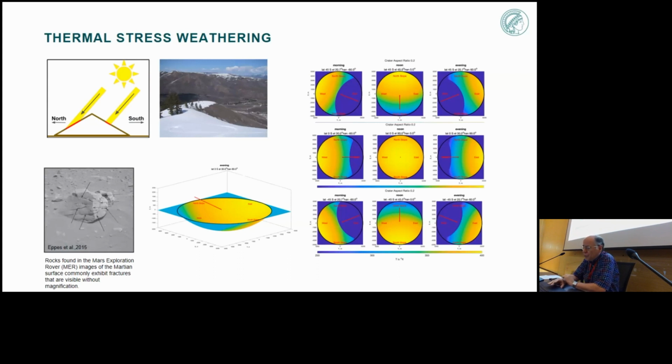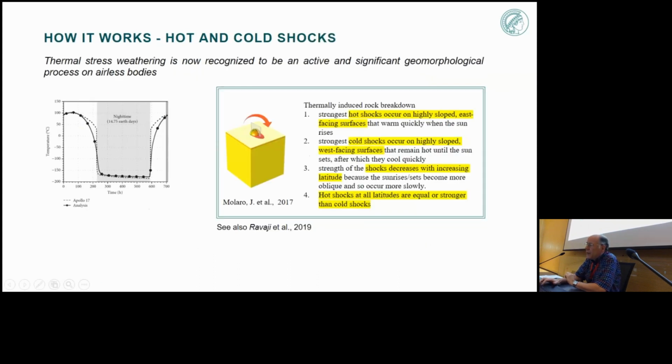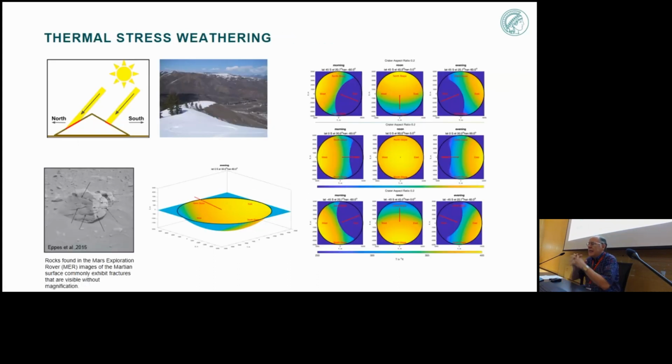And I've produced for you here, you see it on the top side of this panel. You see on the uppermost row the same crater with an aspect ratio of 0.2, so the diameter to depth ratio. In the middle, you see the same crater at the equator, and in the lower one, you see the same crater again at the southern hemisphere.